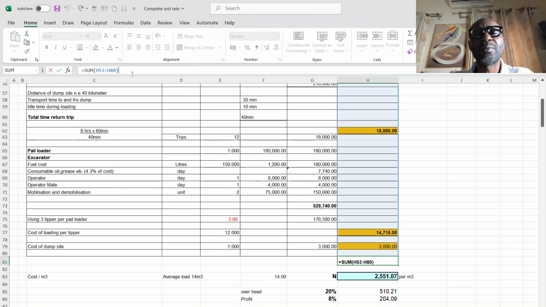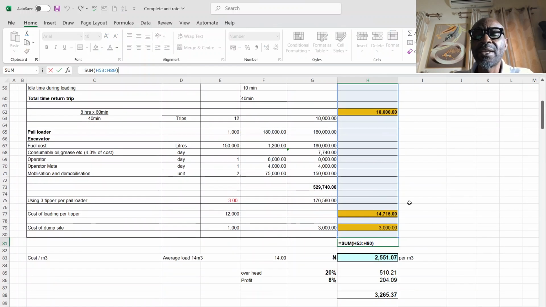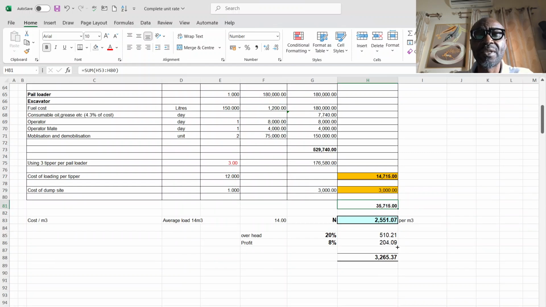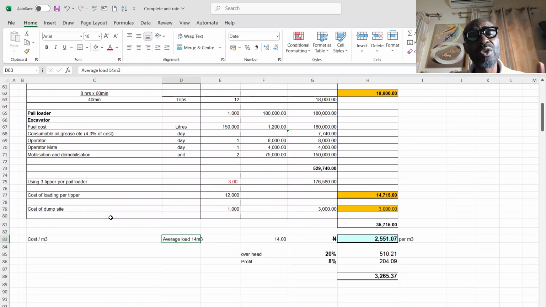So if you sum this up, the whole cost that you've realized per trip gives you 35,715. Then the capacity of the 20 ton truck in cubic meters is 14 cubic.